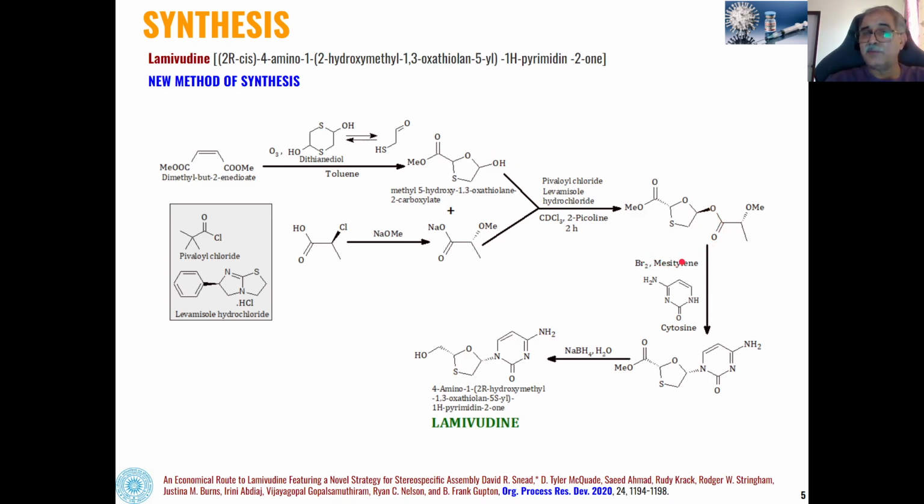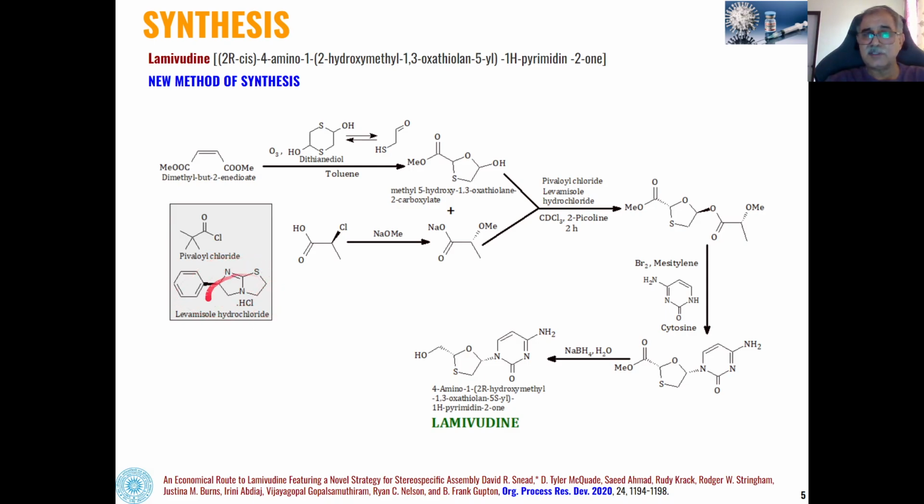Then bromination of this ester is followed by reaction with cytosine. So first this will hydrolyze, and then cytosine will add to this moiety. Basically, if you see here, we have used pivaloyl chloride and this tertiary amine, levamisole hydrochloride.